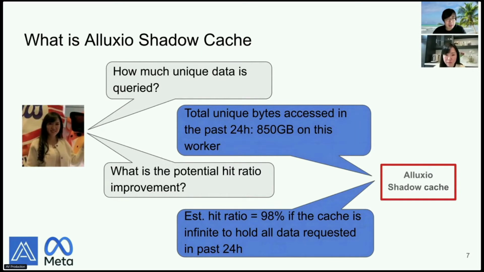Further, she may ask, if we have an infinite amount of cache capacity, what is the hit ratio? Then, to compare as the baseline, the Alluxio shadow cache can return answers like the estimated hit ratio, which is the upper bound, can be 98% if the cache is infinitely large to hold all the data requested in the past 24 hours.